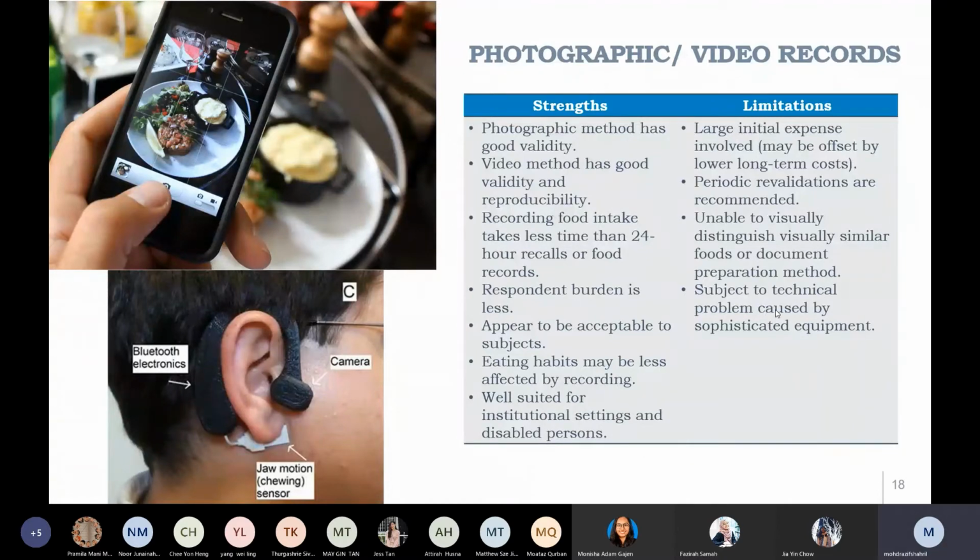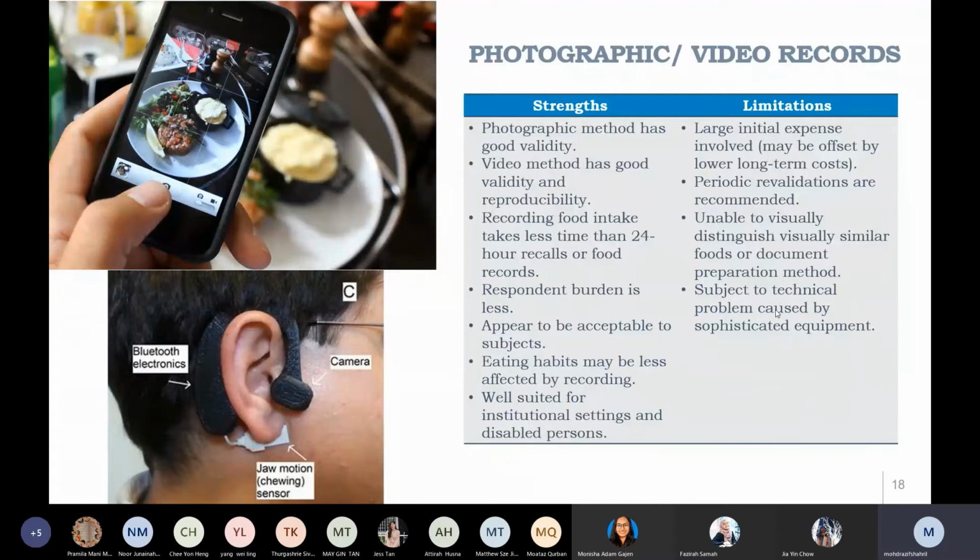Okay. So another picture down here is a camera being put around your cheeks, so that every food that enters your mouth is being recorded. There will be Bluetooth electronics connected to your mobile phone, and there is also a chewing sensor on the jaw.